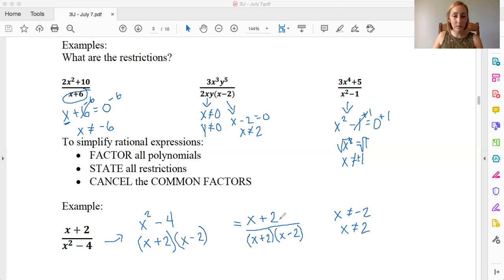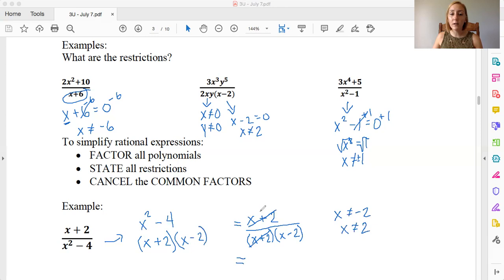What you're going to do is anything that is the same, so x plus 2 and x plus 2 right here at the numerator and the denominator, those can cancel out. The reason being is if you had 2 over 2, 2 divided by 2, those can cancel out and it'll just give you 1, okay? So you can cancel this one out and cancel that one out because they're the exact same thing.